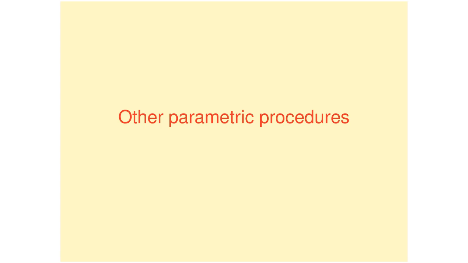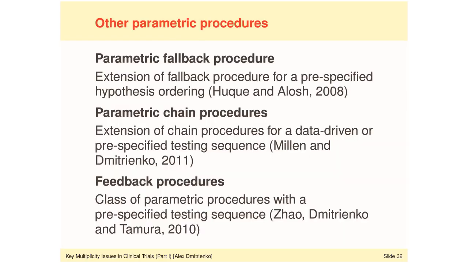Other parametric procedures. We are done with the Dunnett family of parametric procedures. It includes, once again, a single-step procedure and two procedures for multiplicity problems with a data-driven testing sequence, the step-down Dunnett and the step-up Dunnett. However, in general, parametric procedures can also be defined for clinical trials with a pre-specified testing sequence.